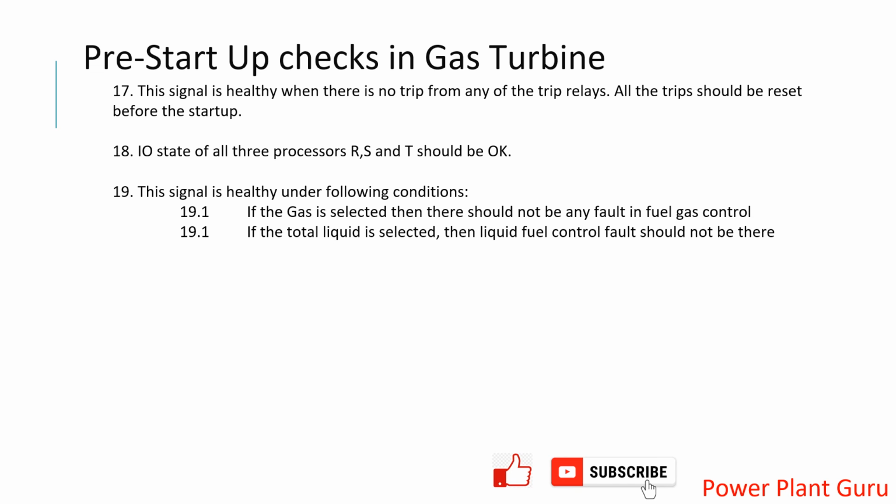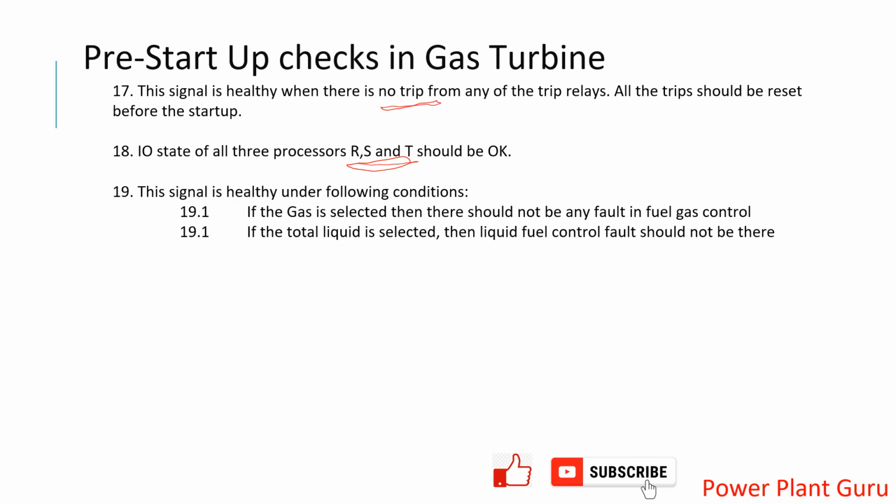And the next one is coming from your electrical system: there should not be any trip coming from any 86 series relays, which are the trip relays. Then all three processors, R, S and T, should be okay, and there should not be any IO state trouble or alarm from that side.